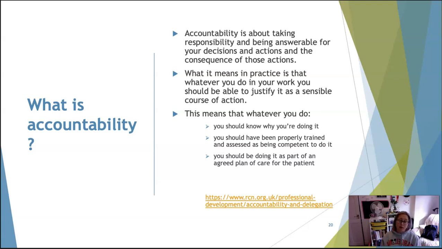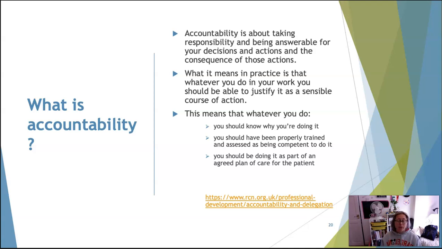Again, think about your portfolio, think about your apprenticeship standards. Again, this is why we do your portfolio. This is why you have your work-based learning time. You know, are you doing something that you are competent in? If you aren't competent in it, or you haven't been assessed as being competent in it, should you be doing this thing? And you should be doing it as part of an agreed care plan for the patient.